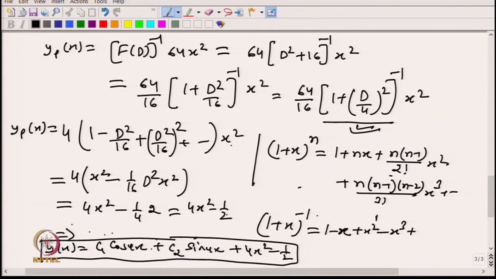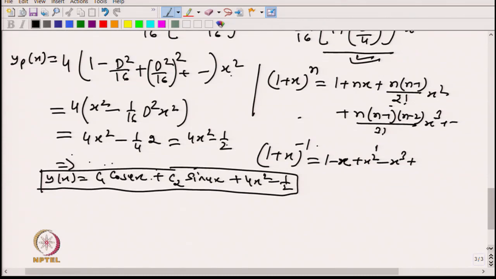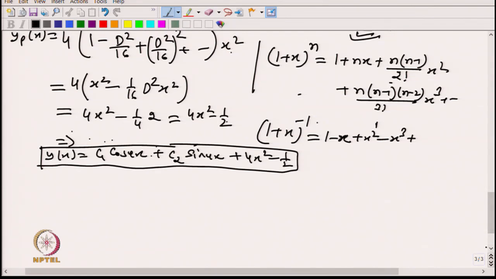So, this type of terminology we can use whenever we have a function on the right hand side that is a polynomial. The question comes: why cannot we apply the same thing for other functions like the exponential function or the sine function? In this case we have an infinite series, and suppose the function f(x) on the right hand side is e to the power alpha x, and I operate this series on this function.